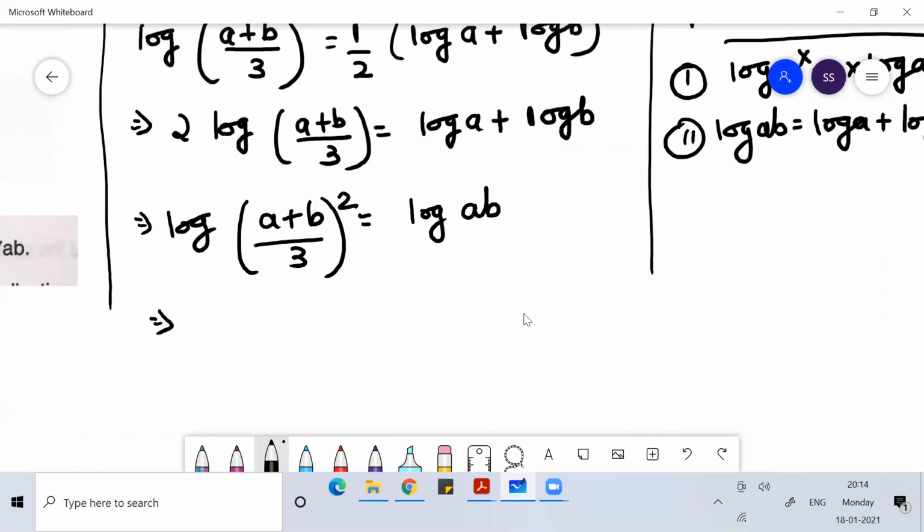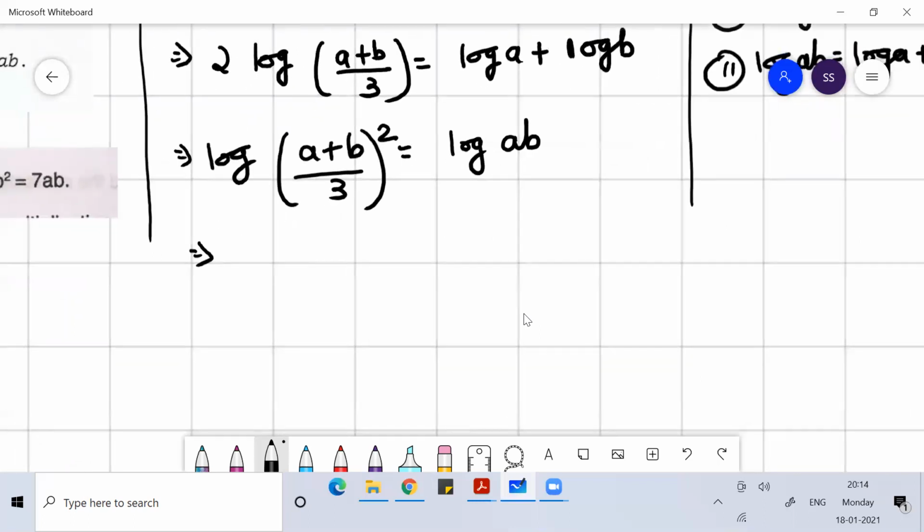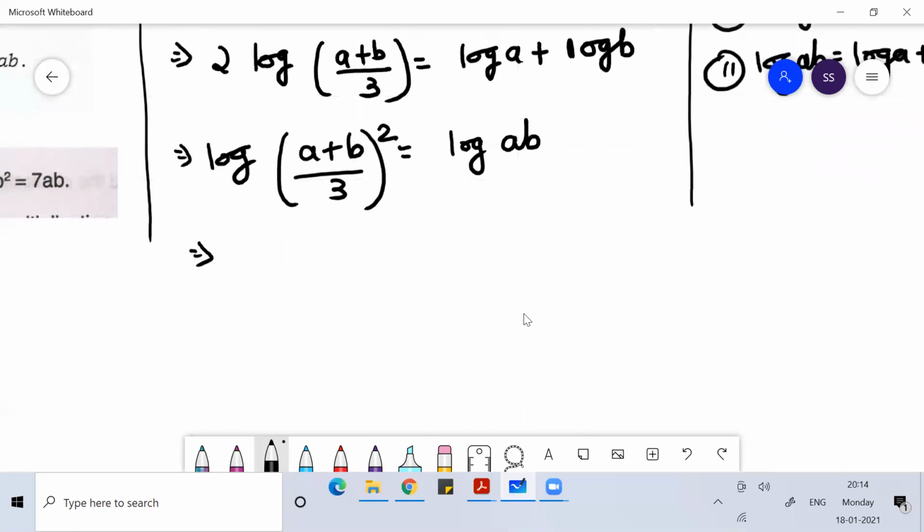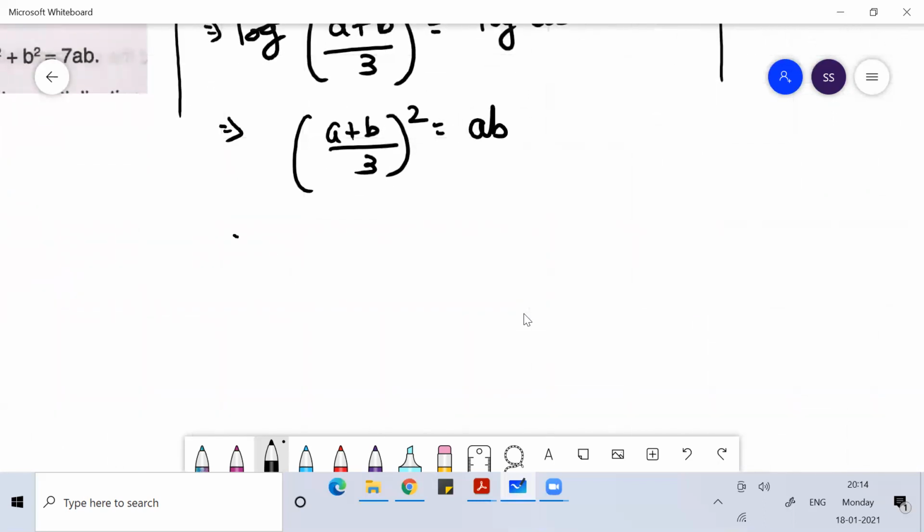Fine. So if you take anti-log on both sides, I can say that ((a plus b) by 3) whole square is equal to ab. Okay, so if I expand the square, then I'll get (a plus b) whole square by 9 is equal to a into b.